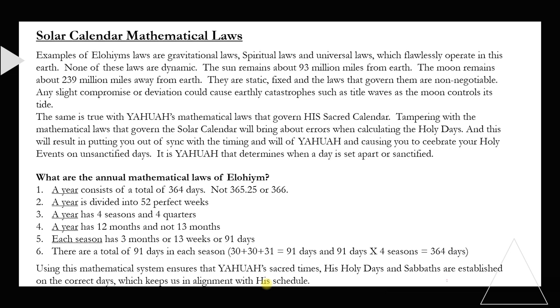And this keeps us in alignment with his schedule. This is important. This is one of the main reasons we're going to go through such great detail explaining all of this, because we want you to be sure that your holy days are in alignment with the schedule that he set up back in Genesis chapter 1.